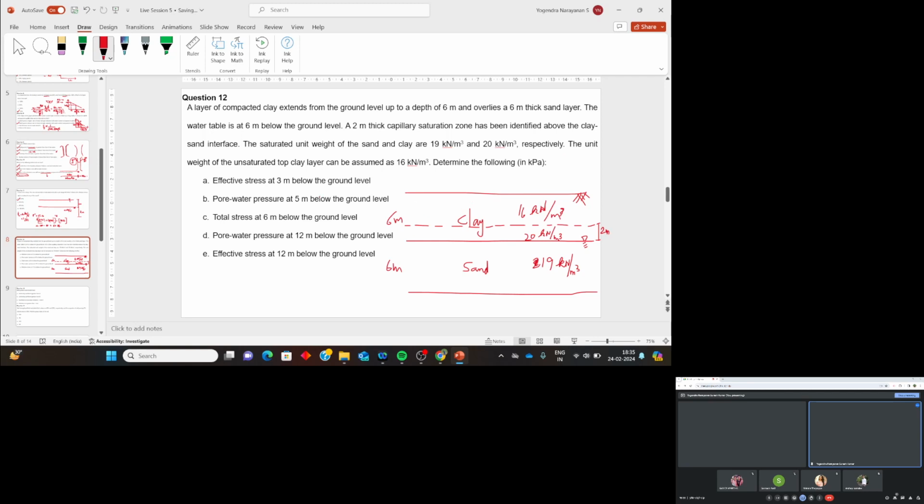Now, as a first initial problem, please calculate the effective stress at 3 meter below the ground level. So you can consider this as dry, and this is saturated due to capillary action, and this is saturated due to the water table.